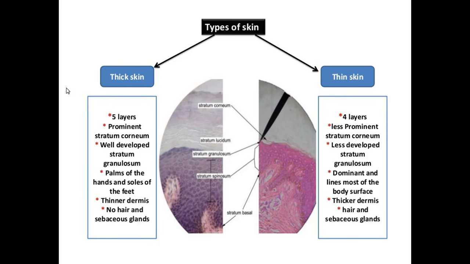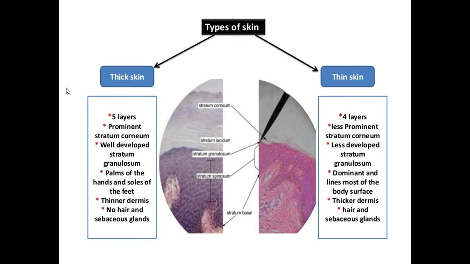Thick skin has characteristic features. It contains 5 layers which are more prominent: a stratum corneum and a well-developed stratum granulosum. The palms and soles contain this layer. The dermis is thinner, and it is devoid of hair and sebaceous glands.